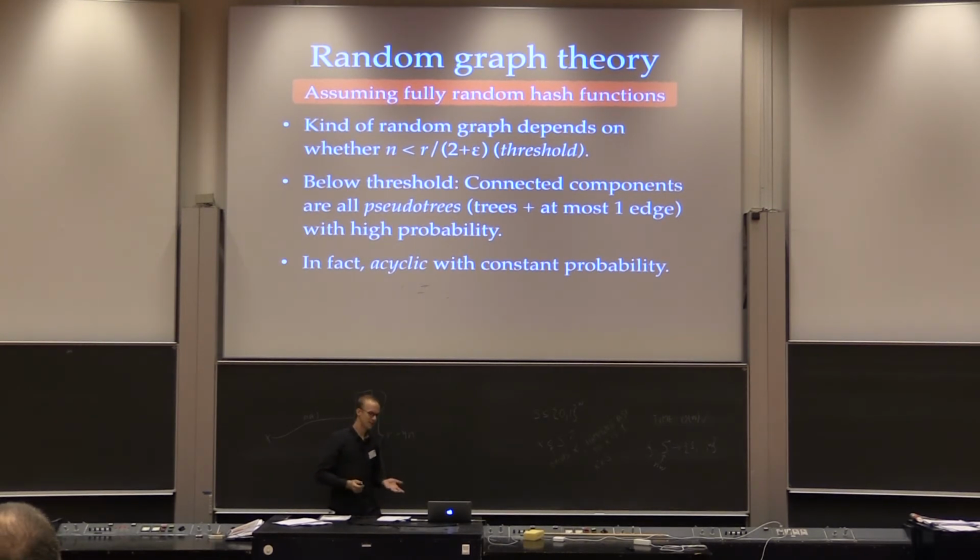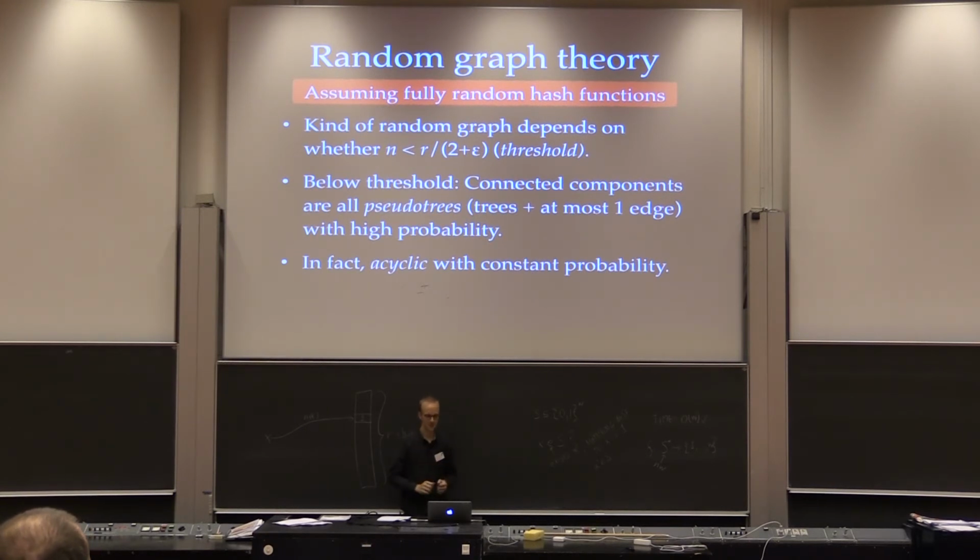So what random graph theory says is that basically the way this random graph is going to look depends on how many edges there are compared to the number of vertices. So in particular, if the number of edges is strictly less than half the number of vertices, so n is less than r divided by 2 minus epsilon, for some positive epsilon, then we have something that looks like a bunch of trees.